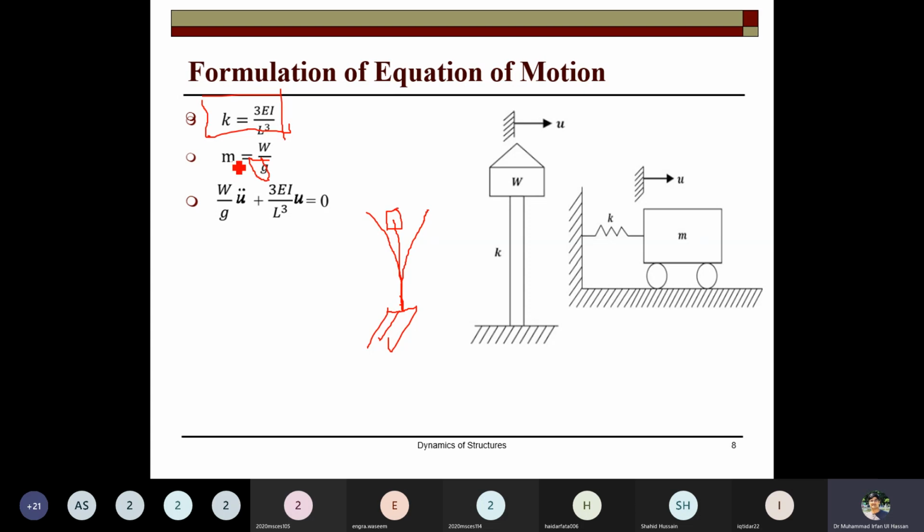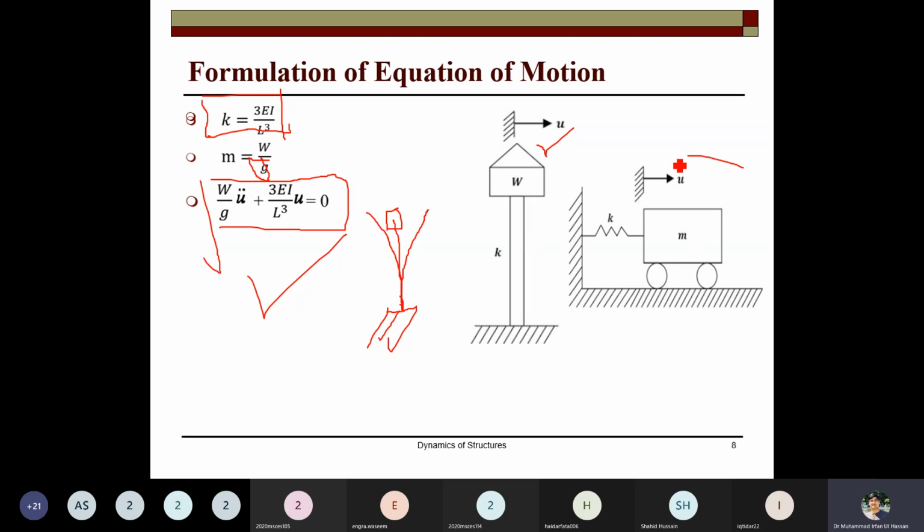So putting the values of W over G and stiffness 3EI over L cube, you can write down the equation of the motion. With the acceleration, the component W over G is involved, and with the displacement there is stiffness. There is no damping in this case, because damping was not given.